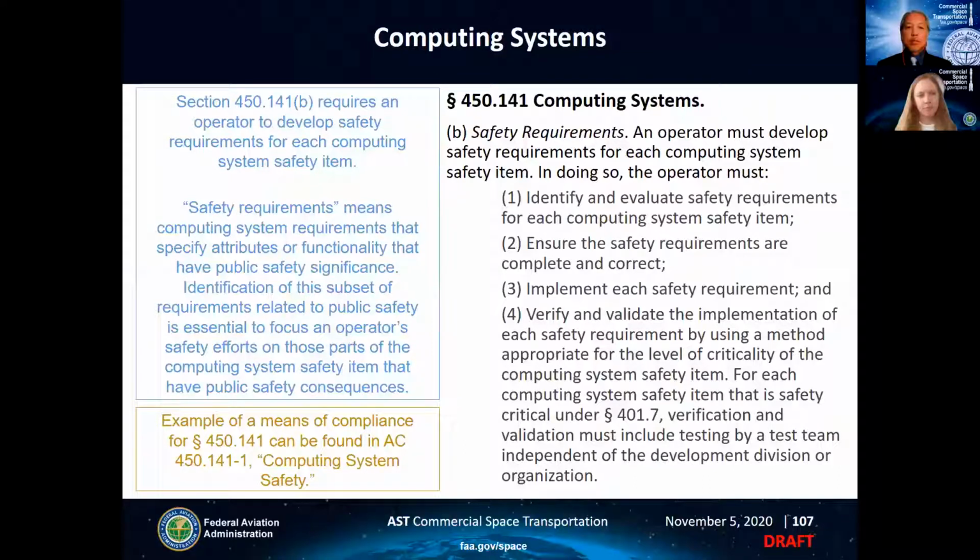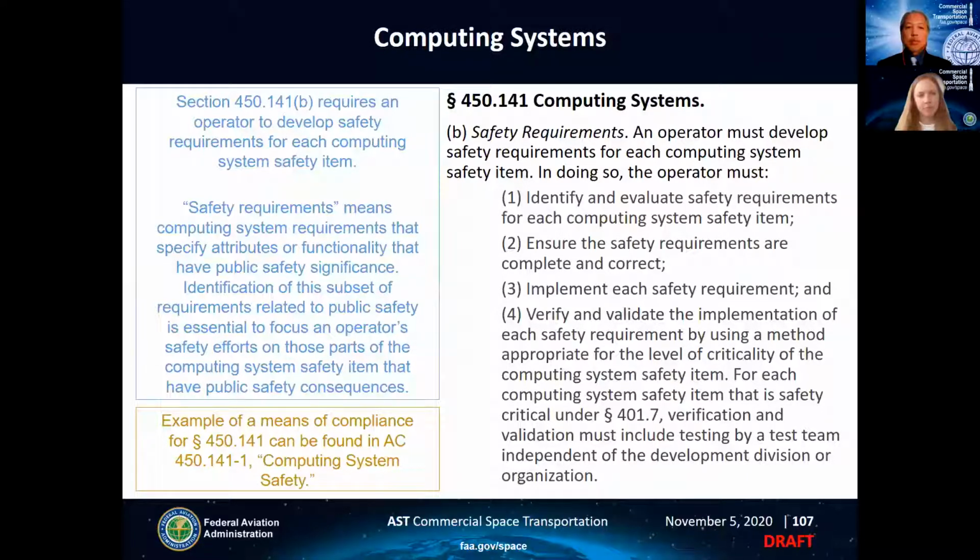141B sets out requirements for safety requirements. It requires the identification and evaluation of safety requirements for each computing system safety item. It then requires you to ensure that the safety requirements are complete and correct, implement them as you would for any other requirement for a computing system, and then verify and validate the implementation of those safety requirements.